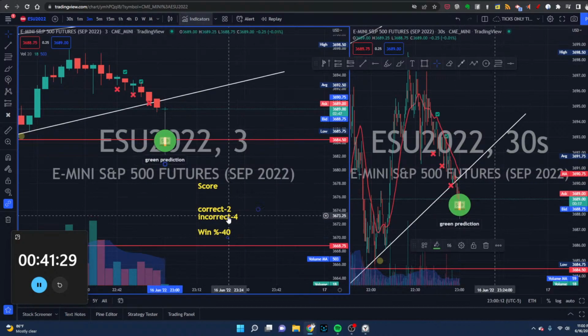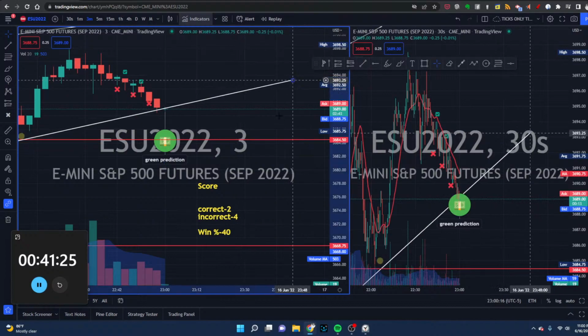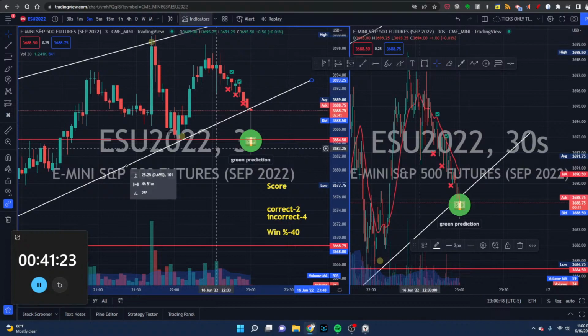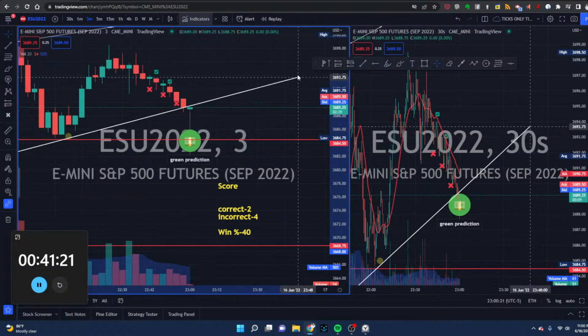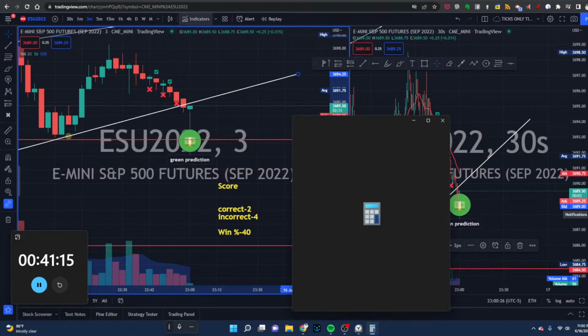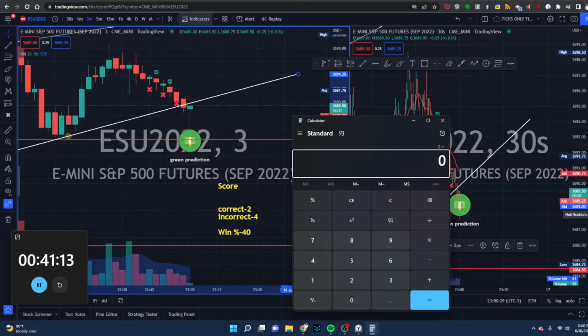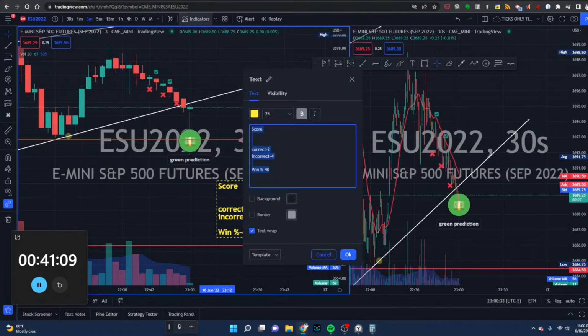I'm still thinking we're gonna get that bounce here. I'm gonna adjust this trend line slightly. Now we're not touching this, but we're still in the zone. I'm going to leave it where it is. And we're at a 33% win rate right now.